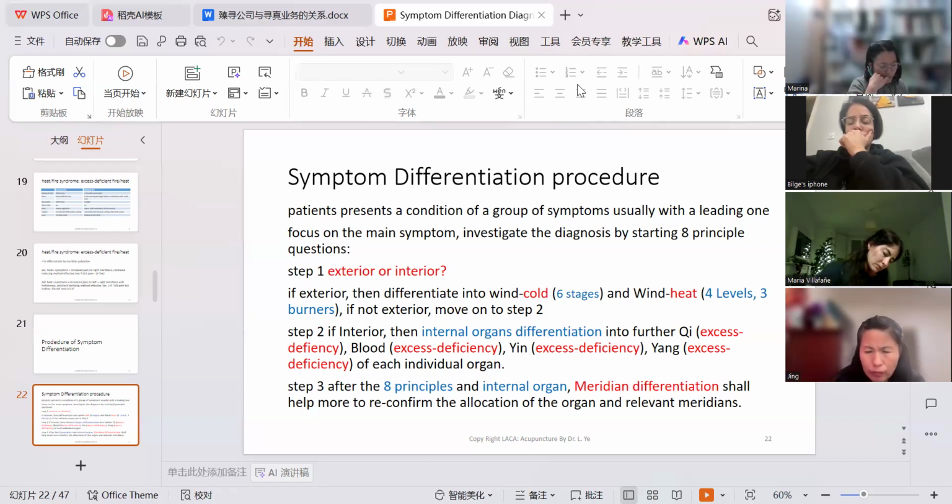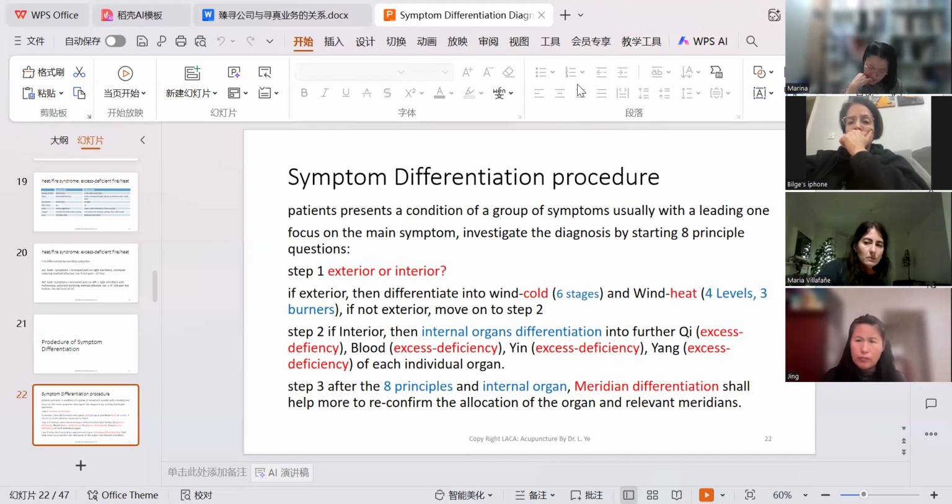Once you identify an interior condition, then go into the interior. The interior leads you to the internal organ differentiations, and under that you further develop into the 4 substances that belong to the organs: qi, blood, yin and yang.